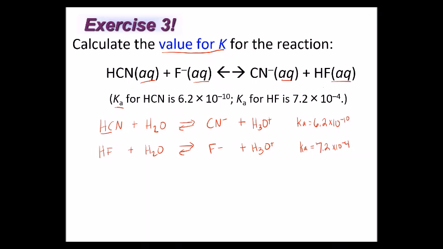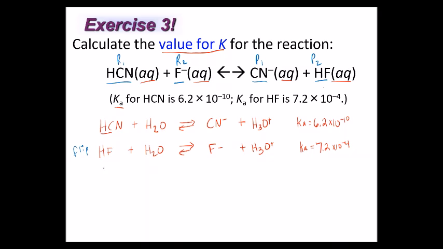So now what you need to realize is we're just going to apply regular equilibrium concepts here, where we want to arrange it so hydrocyanic acid is reactant 1, fluoride is reactant number 2, this would be product 1, and this would be product number 2. So if I'm looking at that, I need to flip this one the other direction.